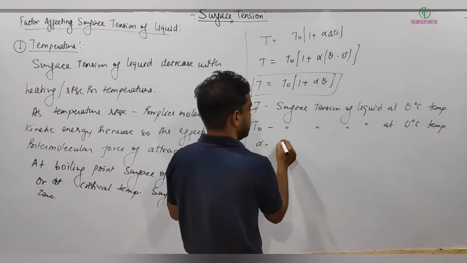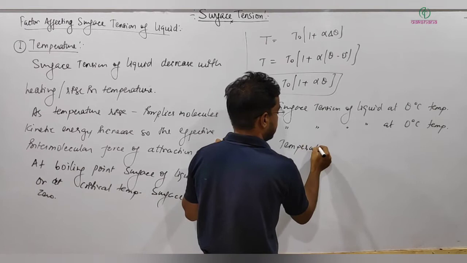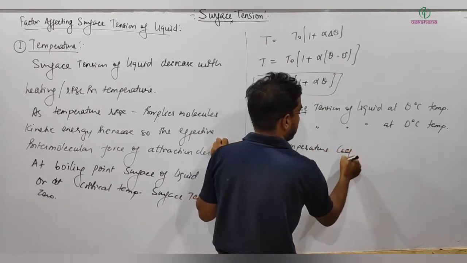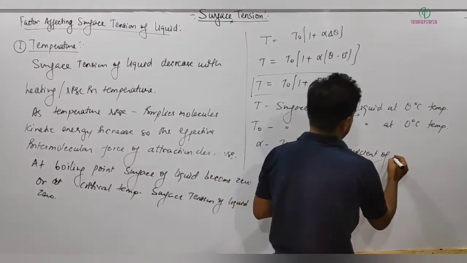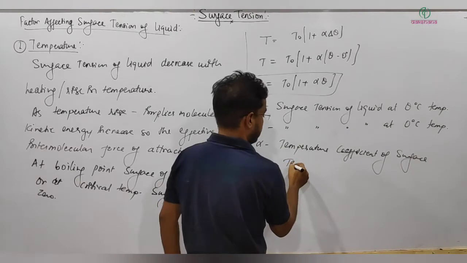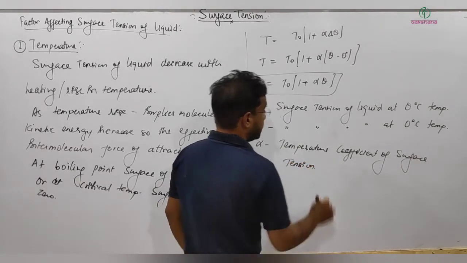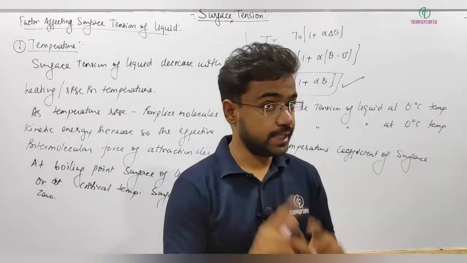Alpha is called the temperature coefficient of surface tension, right? So this is the relation of surface tension with temperature.